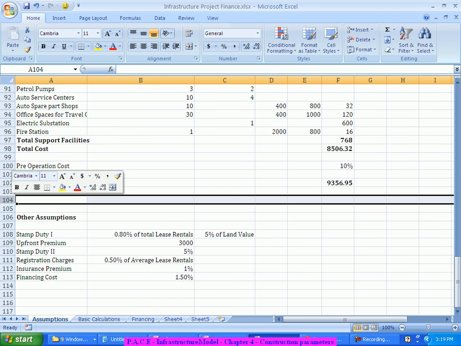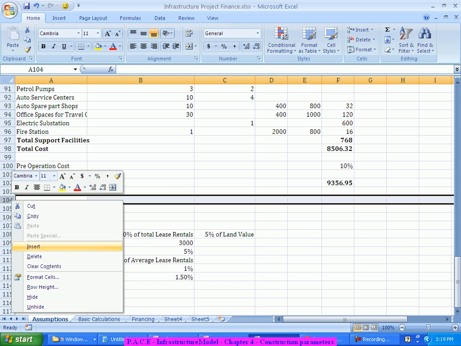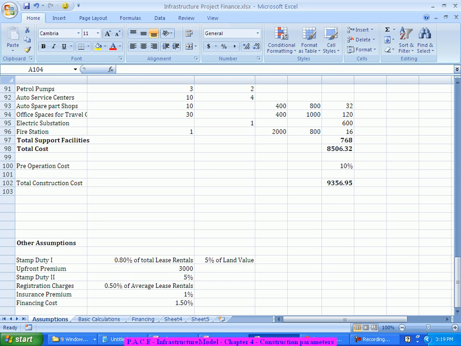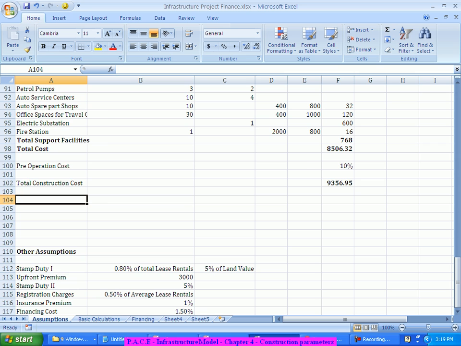I'll add a few more rows here, saying escalated construction costs or inflation adjusted construction costs, construction costs post inflation.